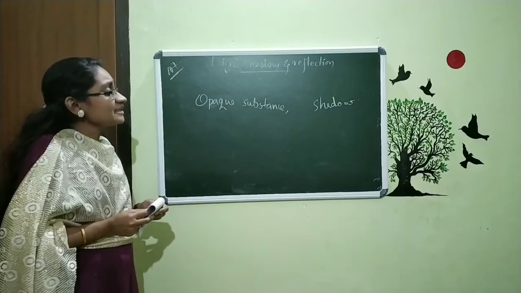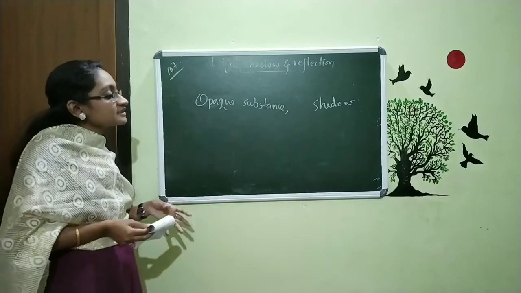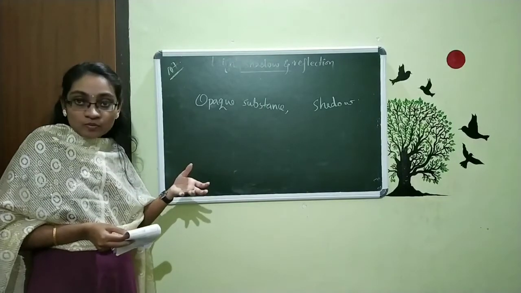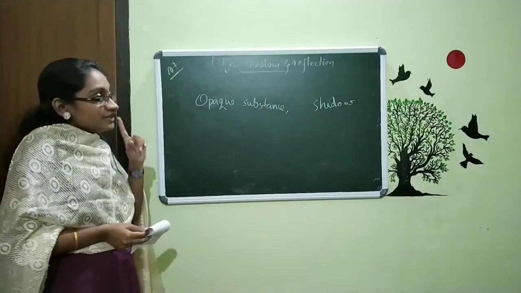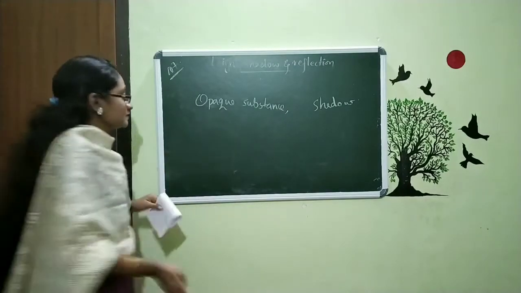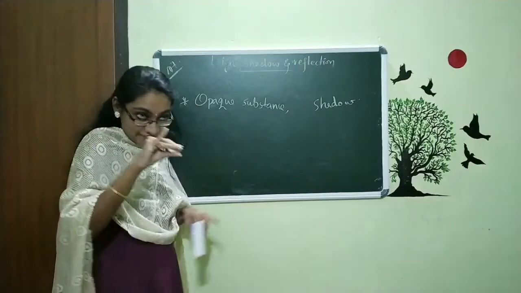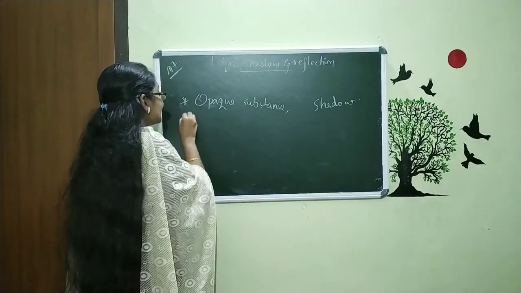And what are the other things needed to produce shadow? Is only the opaque substance enough to make shadow? No. Only with the presence of light can we make shadow. So, the important things needed to make shadow: first one is opaque substance. The second one is light.